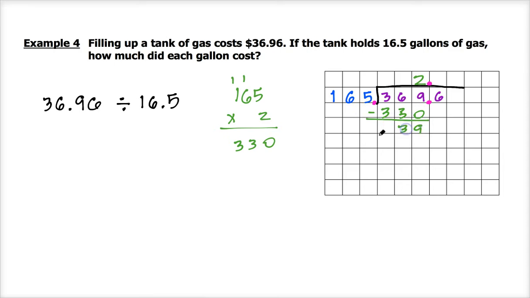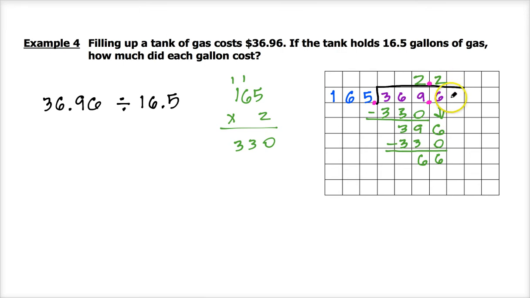And when I subtract, I get 39. I can bring down this 6 now, and I can try 165 into 396. I'll need to use a 2 again. And we know 2 times 165 already is 330. So now we get 66 when we subtract.